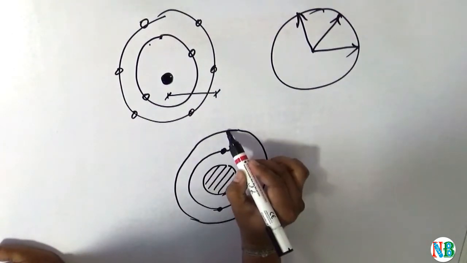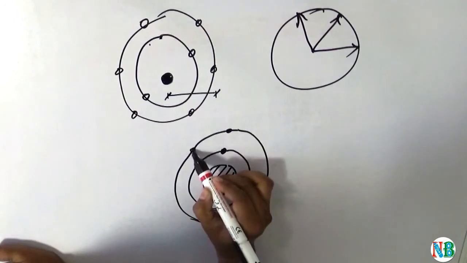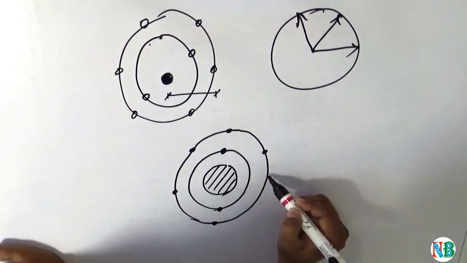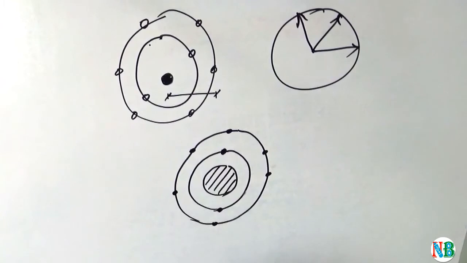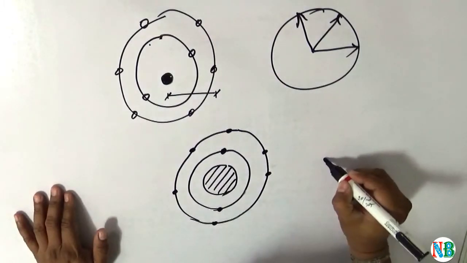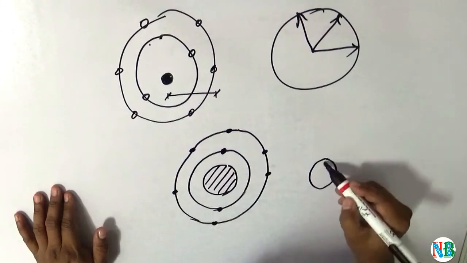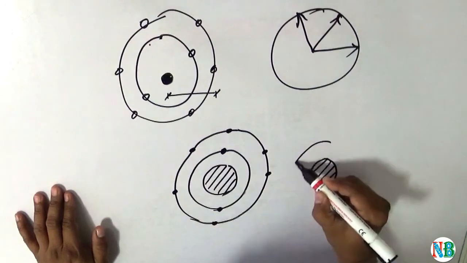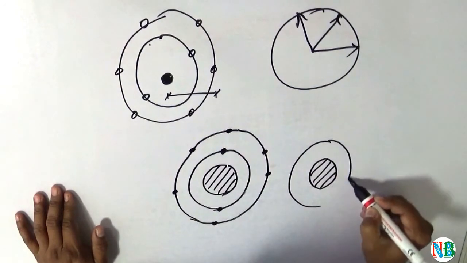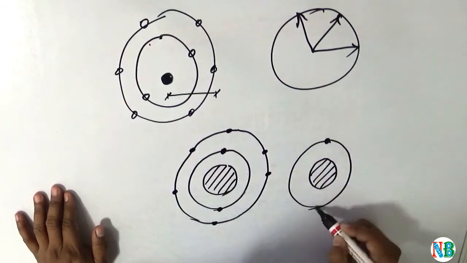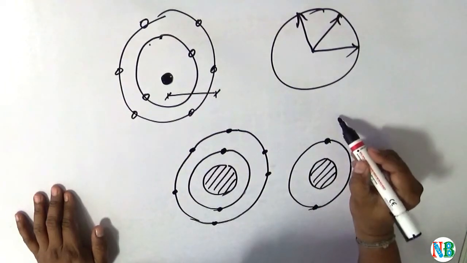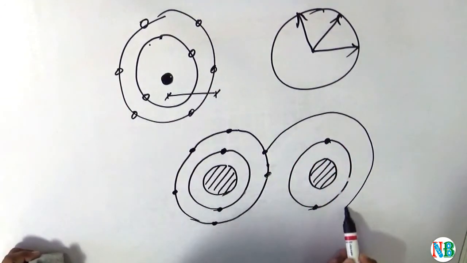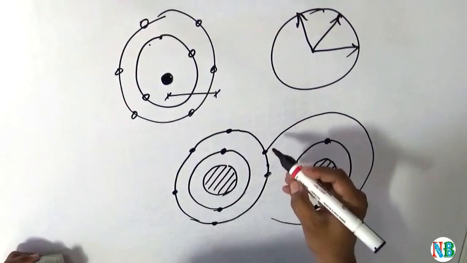So you have 1, 2, 3, 4, 5, 6. Now it's diatomic, so you have one more atom of oxygen. You have the first subshell with 2 electrons, and again one more orbital which comes like this.